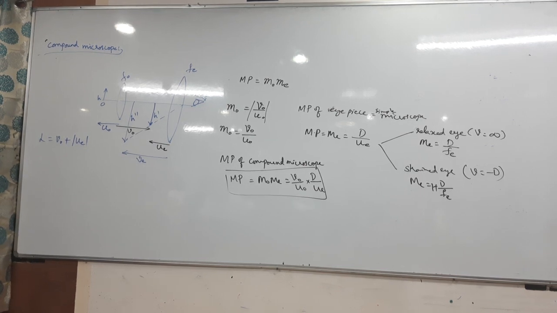Where should the object be placed to obtain the maximum angular magnification? In brackets, capital D equals 25 centimeters.